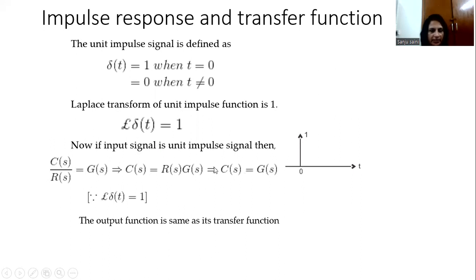So C(s) is the output of the system when a unit impulse signal is applied to it, the unit impulse response of the system, and G(s) is the transfer function of the system. So the transfer function of the system is equal to the unit impulse response of the system. So that is the relationship.